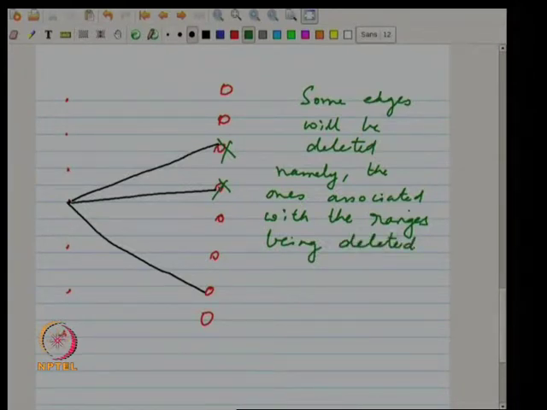And then there will be some new ranges that are created, and so these will be reallocated or reassociated with some of the new ranges, okay.